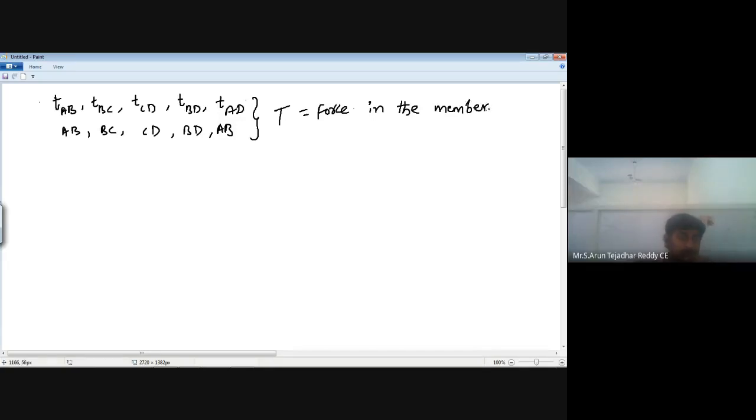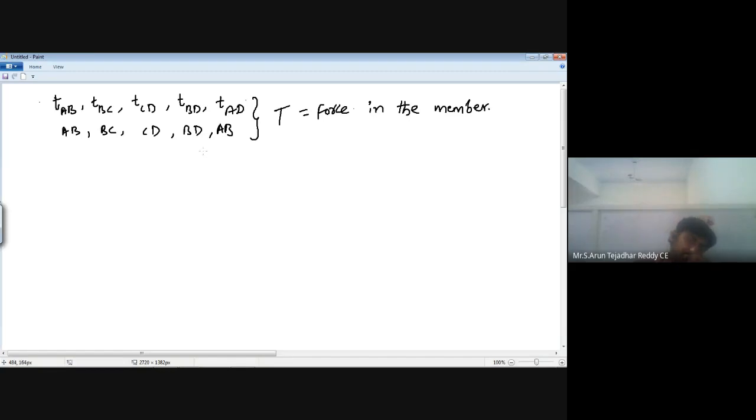All of you once read that problem carefully. What is our problem? Using method of tension coefficient, analyze the plane truss as shown in figure and find the forces in the member. So here calculate capital T value, that is force in the member.